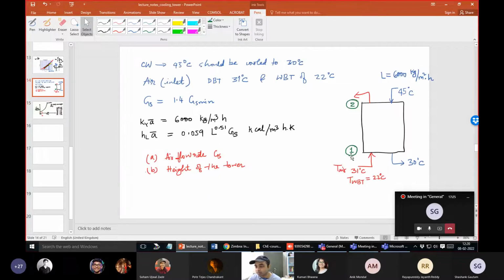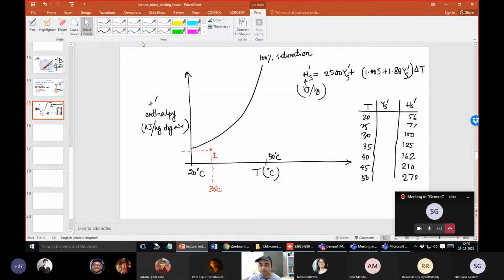The temperatures at point 1 and point 2 are known to us, so this is how I can fix point 1 and point 2.